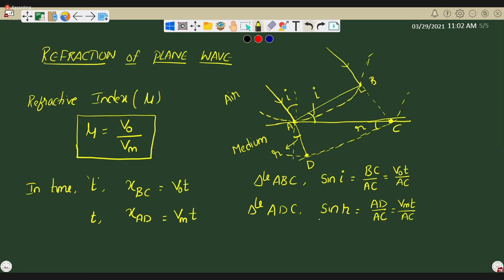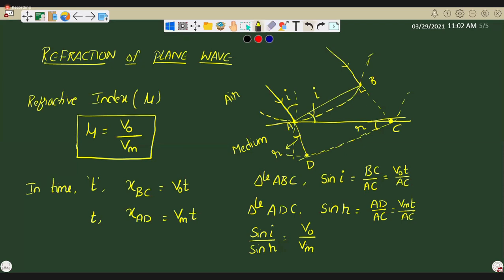Now tell me, AC you can remove, right? So from this, sine I divided by sine R is equal to V naught divided by Vm, which is mu.